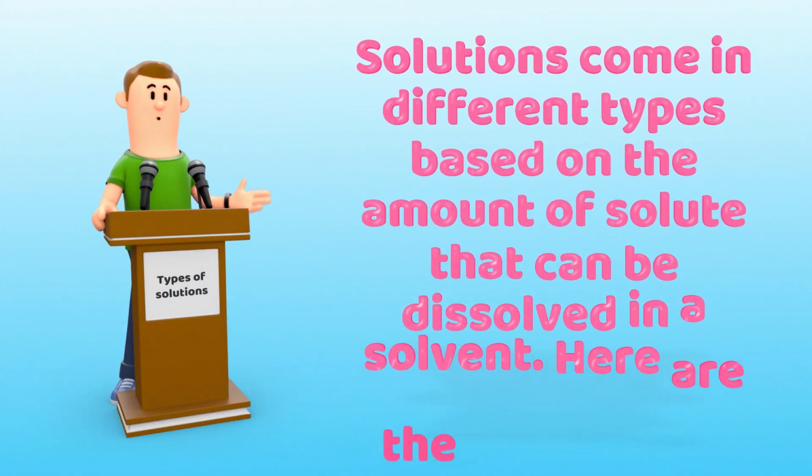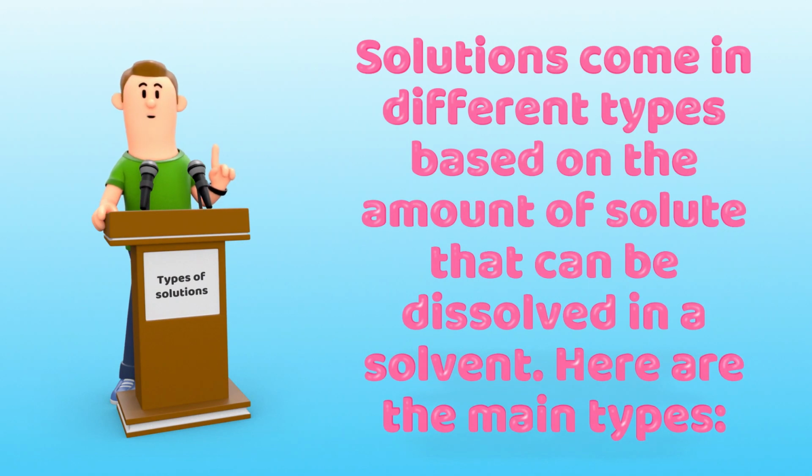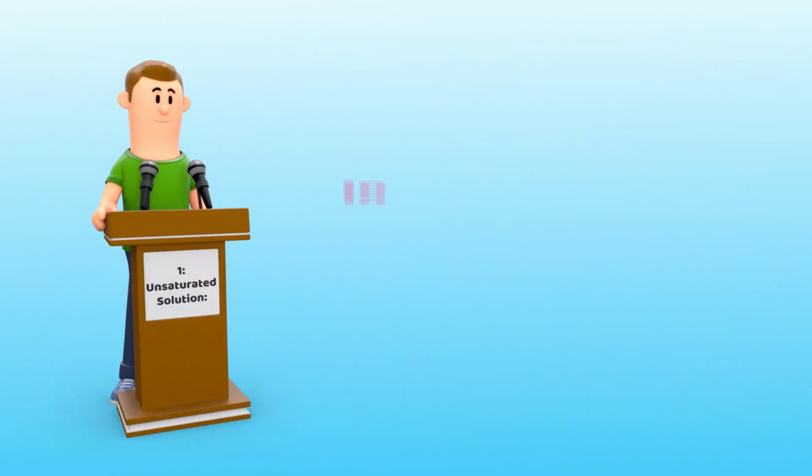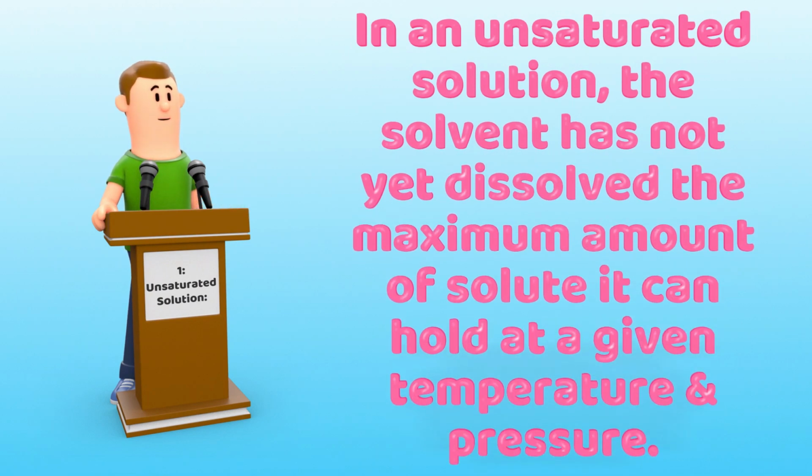Now, a solution can be of different types based on the amount of solute that can be dissolved in a solvent. Let's see the main types. Let's start with unsaturated solution. What is it?